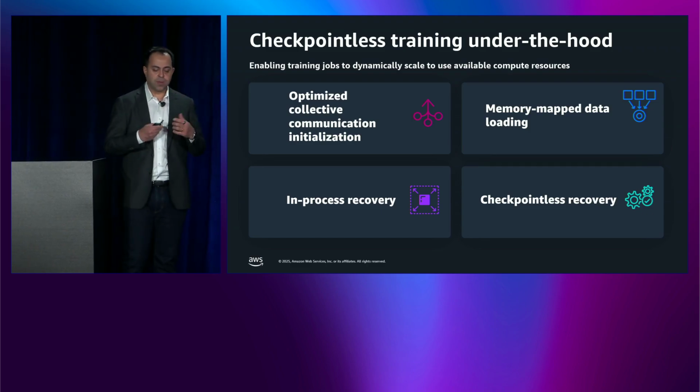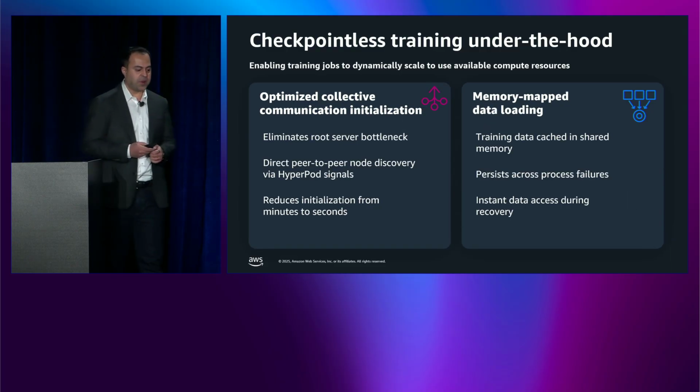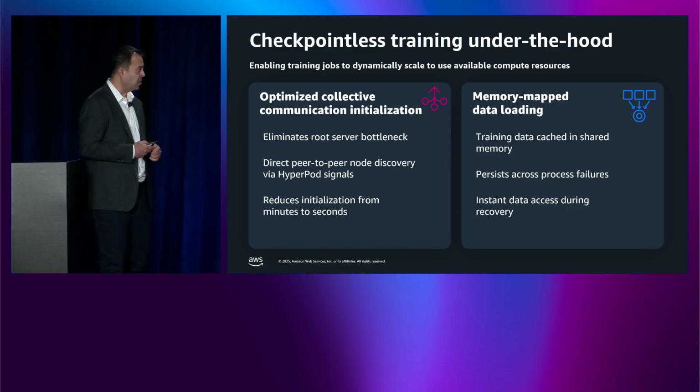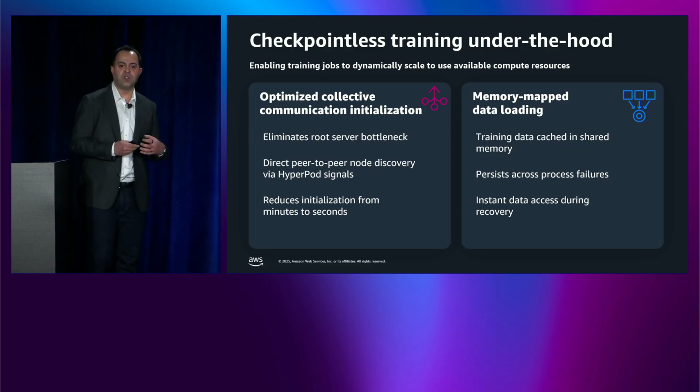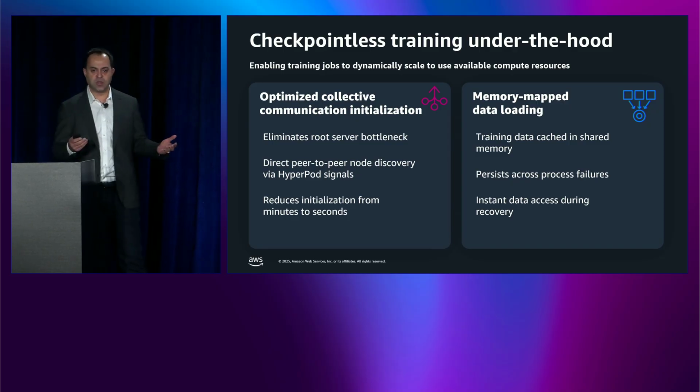So checkpointless training under the hood is underpinned by 4 important innovations. The first one is optimized collective communication initialization. When a distributed training job is initializing, it has to establish communication channels. Every node has to do that.